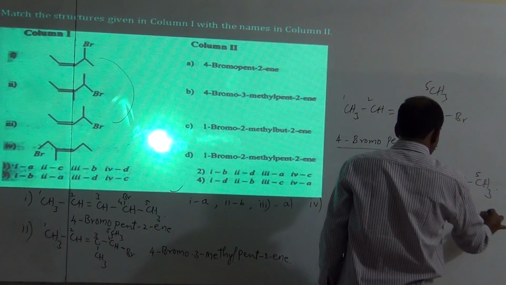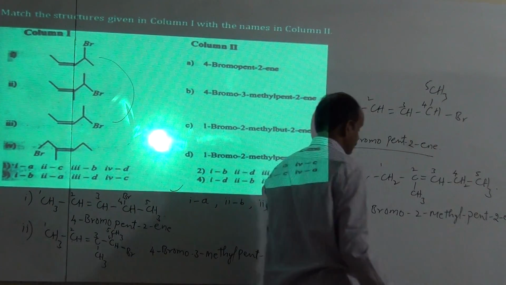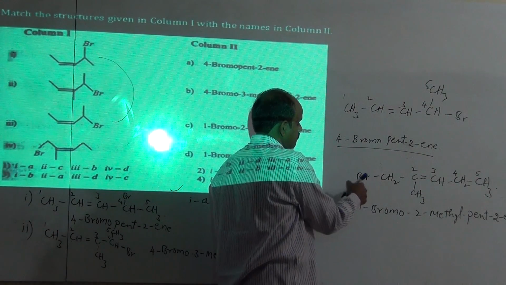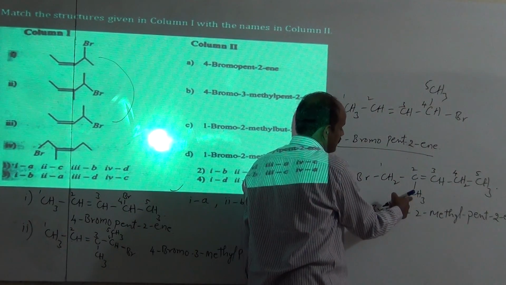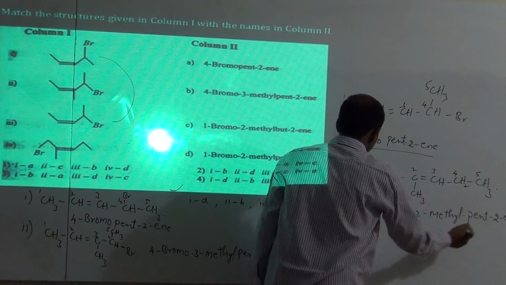Total number of carbons is 5, hence pent, double bond on the second carbon, hence 2-ene. So 1-bromo-2-methylpent-2-ene. Which option is this?